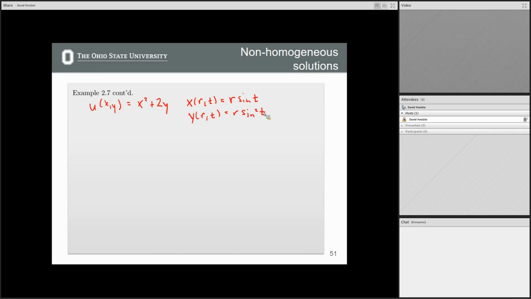But just to review, if I want to know what is the partial of u with respect to time, I look at what is u composed of. It's composed of x and it's composed of y. We have functions for x and y, and so the partial of u with respect to time is going to be equal to partial of u with respect to x, partial of x with respect to time, plus partial of u with respect to y, partial of y with respect to time.